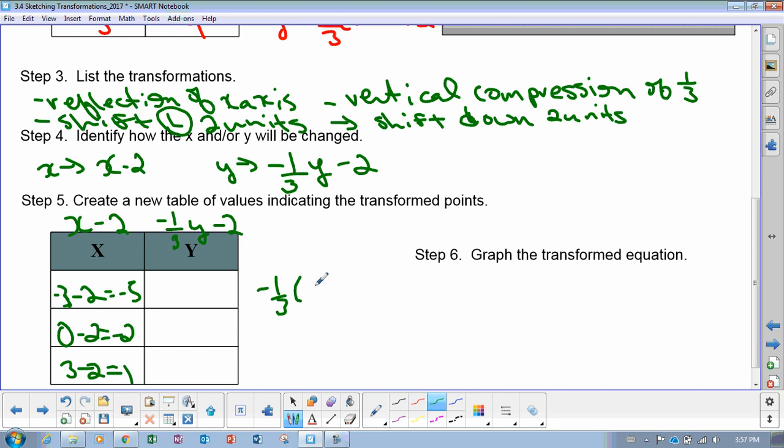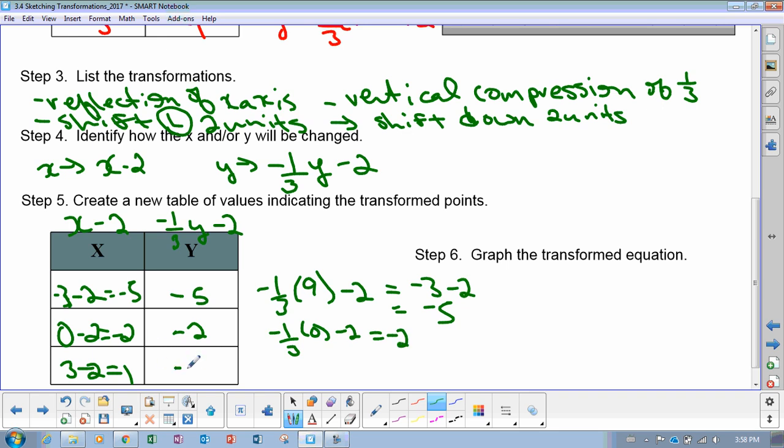So I have multiplied by 9, subtract 2. So negative 3 minus 2 equals negative 5. And here I'm going to have minus 2, because we'll have negative 1 over 3 multiplied by 0 minus 2, which equals negative 2. And then this one is going to give me negative 5 again.